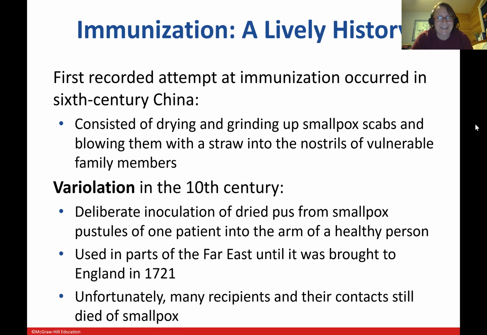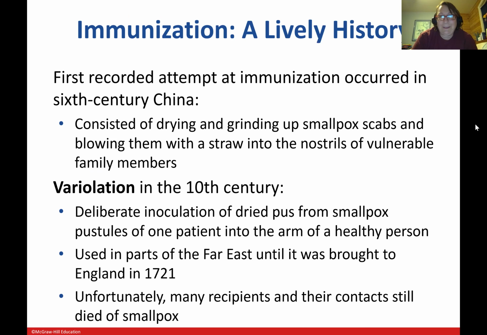That would really stink. Then there was another attempt around the 10th century, called variolation. It was the deliberate inoculation of dried pus from smallpox pustules of one patient into the arm of a healthy person. This method was used in parts of the Far East until it was brought to England in 1721.